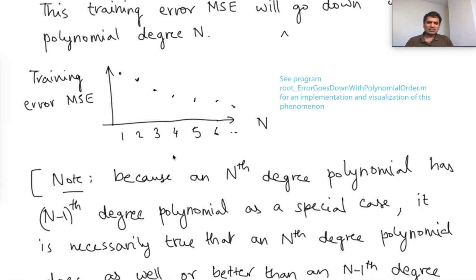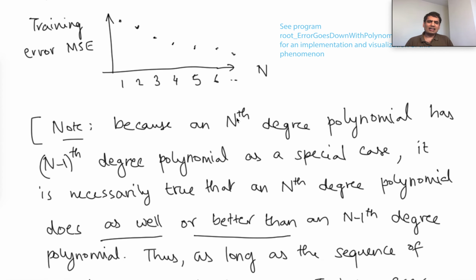Now, I do want to mention that the fact that it keeps decreasing, or at least doesn't increase, has to do with the fact that an nth degree polynomial is a general version of an n minus 1th degree polynomial. If you take an nth degree polynomial and set the nth degree term to 0, you essentially get an n minus 1th degree polynomial.